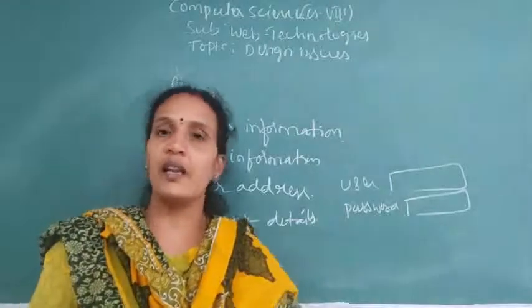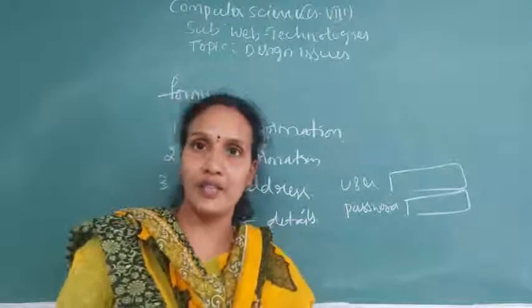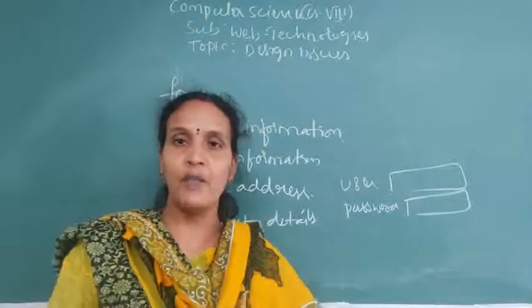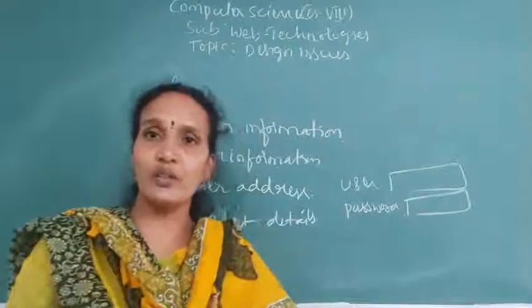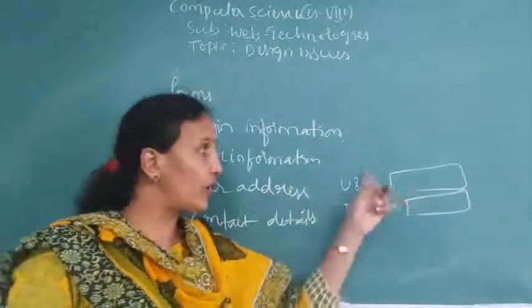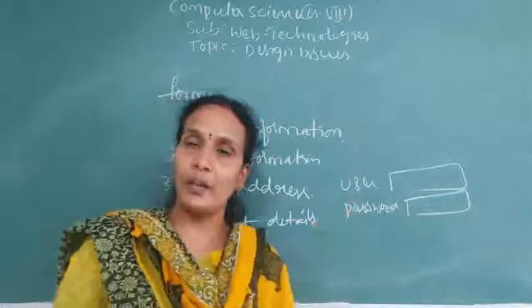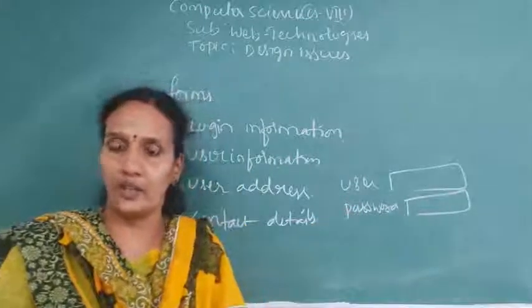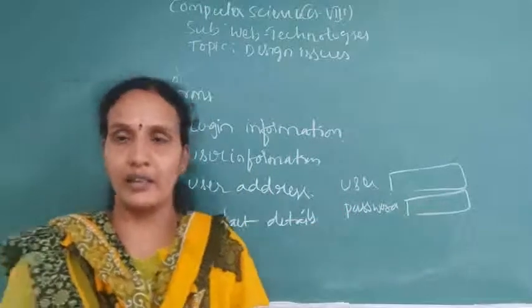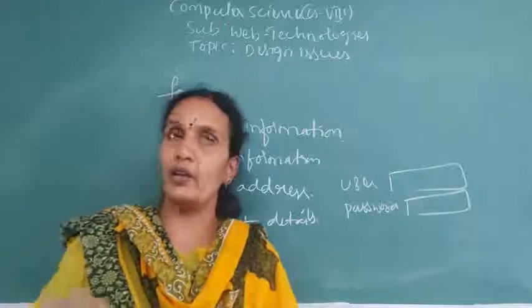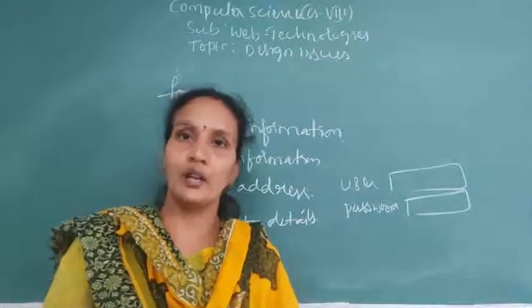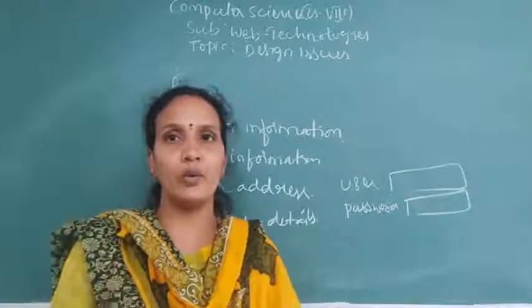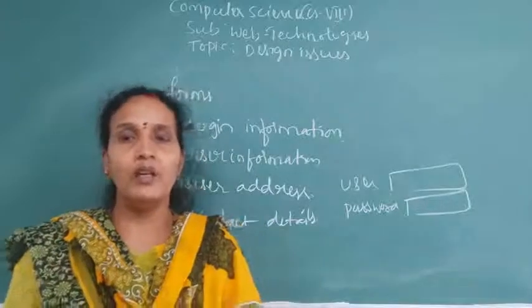And if you are collecting information about gender, there we can't give check boxes. So according to the form information, you give the form control. If you are collecting a password or the username, you give text. If you are taking hobbies and the like, where you want to take multiple inputs, there you give check boxes. Where you want to collect only one option from those available, we give the radio button.